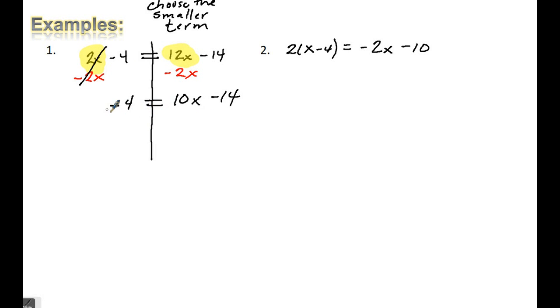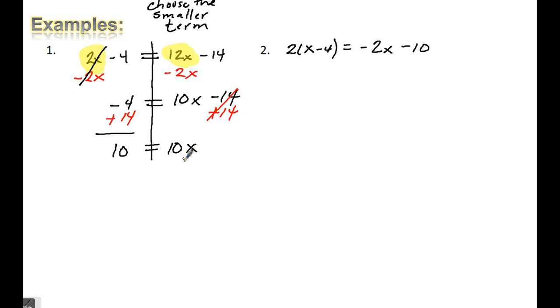From here, to solve for x, we need to move the 14 over, so we're going to add 14 on both sides. The negative 14 and the positive 14 are going to cancel. Negative 4 plus 14 gives us a value of 10, and that's going to equal 10x.